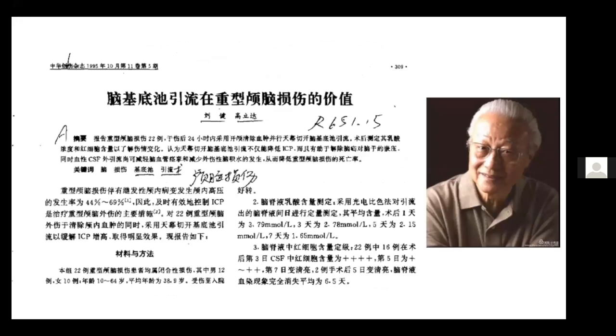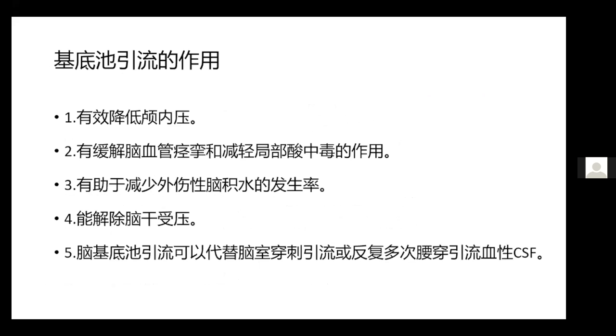This paper is from China in 1995. This also used cisternostomy in brain trauma. They had severe brain trauma, 22 cases using cisternostomy, and had a good result. They can reduce brain stem compression, reduce traumatic hydrocephalus, and reduce ICP.